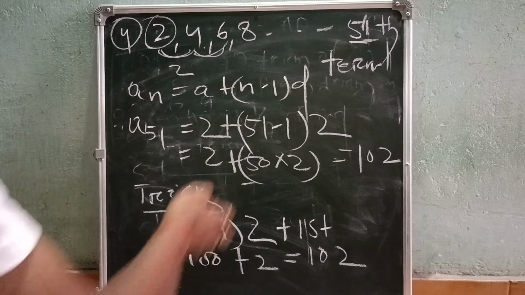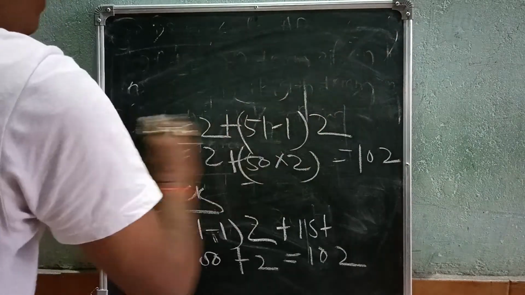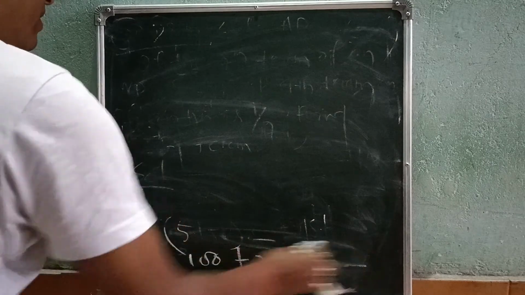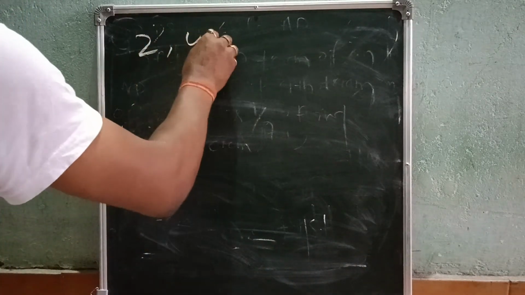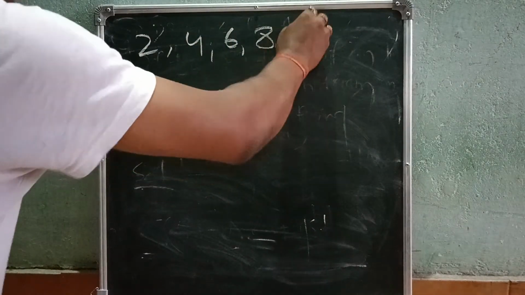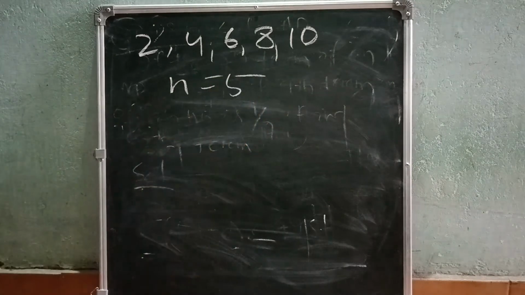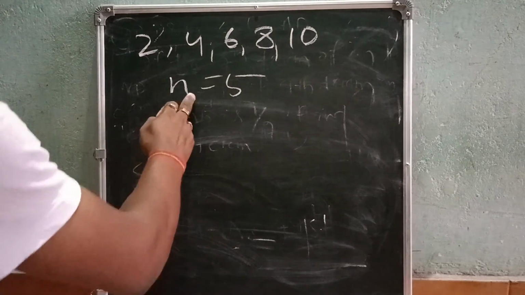Another problem of the same concept we have to solve here. It's a very good trick. Suppose 2, 4, 6, 8, 10. n is 5.